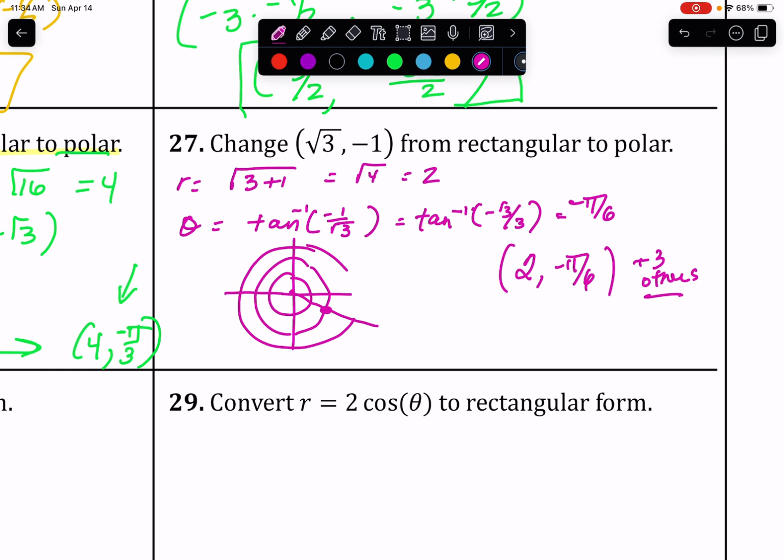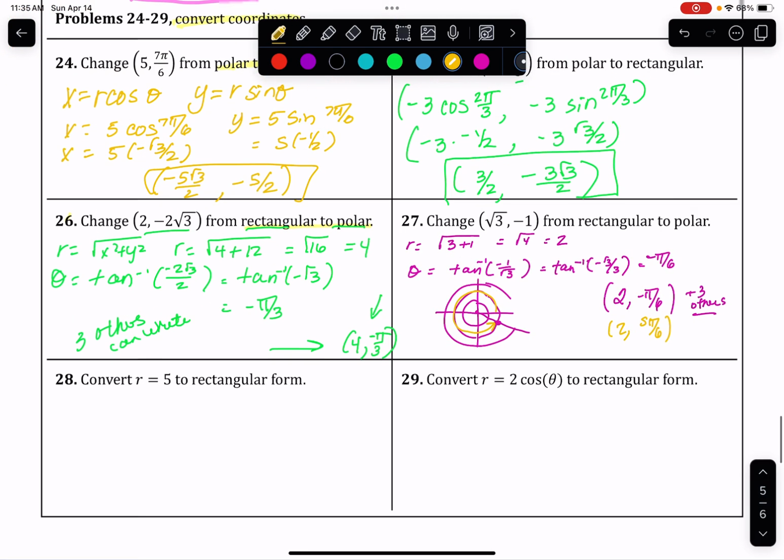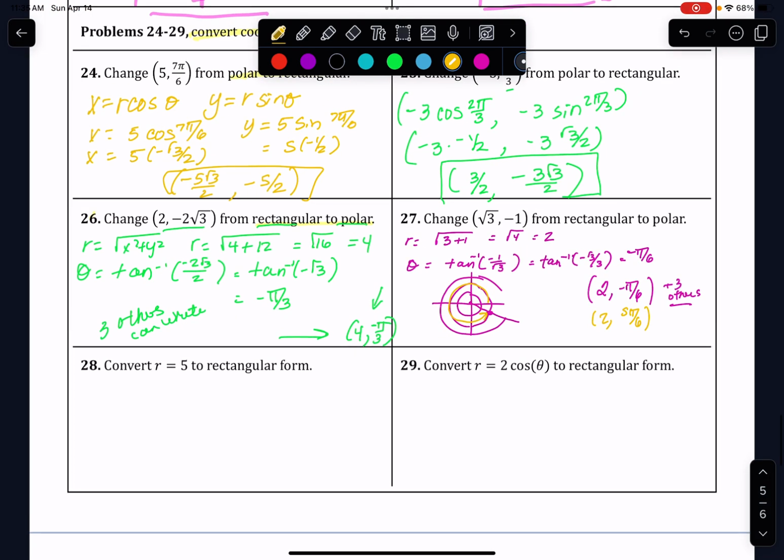Now, another way I could write that point is 2, and I could go all the way this way. So you could also have 2, and that would be 5 pi over 6, right? You could write it that way too. And there's other ways. You could go backwards with negative 2's now, but you know how to do that. All right, let's move on.